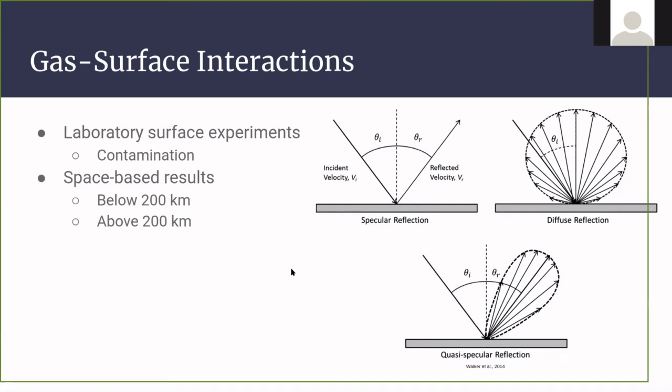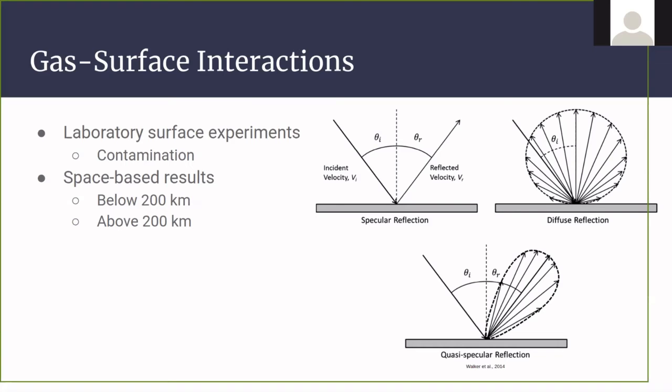At LEO altitudes, though, below 500 to 600 kilometers, the dominant constituent in the neutral atmosphere is atomic oxygen. And oxygen adsorbs on nearly all surfaces, so it's considered to be the major contaminant for satellite surfaces. Below 200 kilometers, roughly, one satellite measurement of the scattering distribution exists, which indicates diffuse scattering.